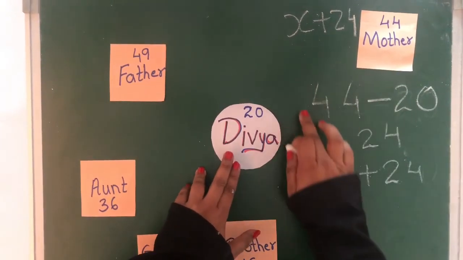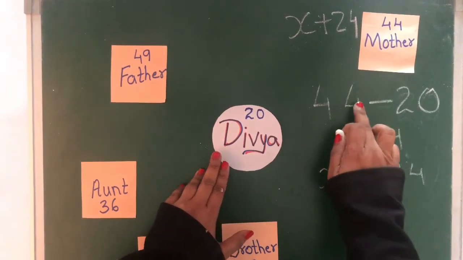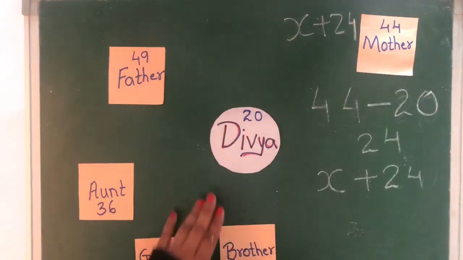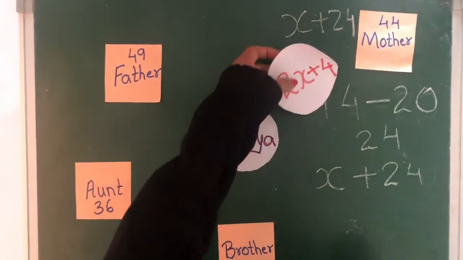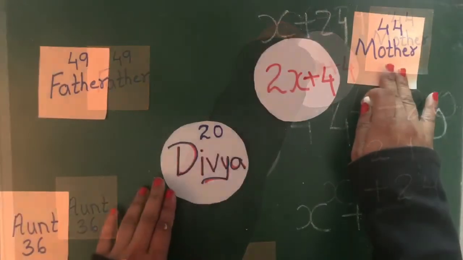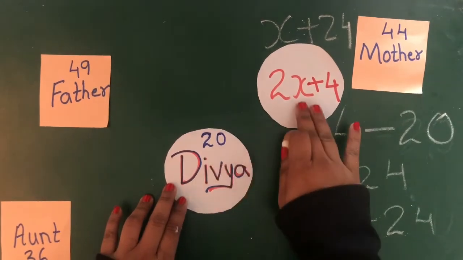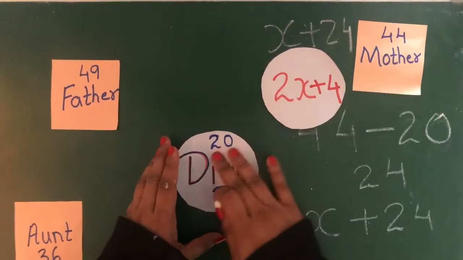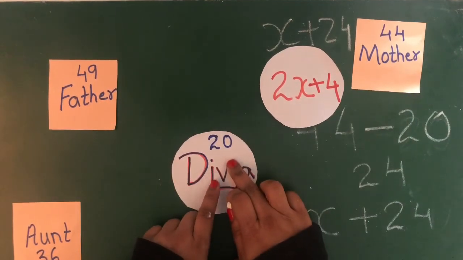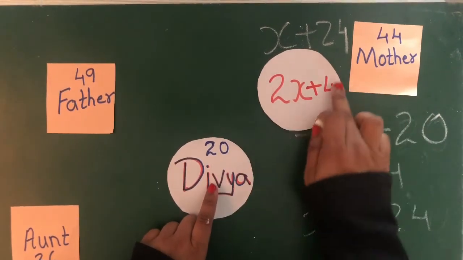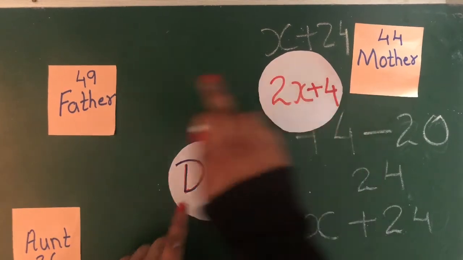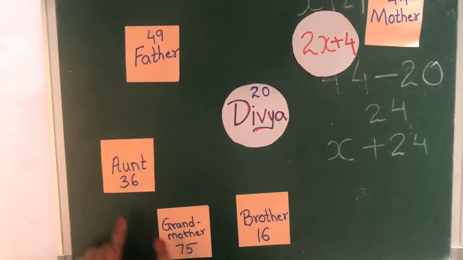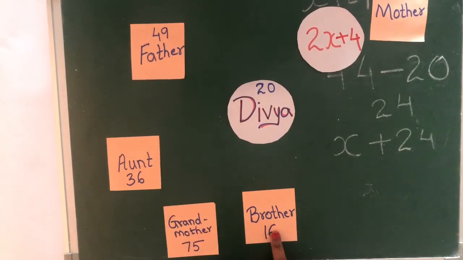And if you see here, 40 plus 4 will give me mother's age. This I have already done for you. So this is a very interesting way we found the relationship in the form of a mathematical expression. Similarly, can you find out the relationship with father, aunt, grandmother and brother?